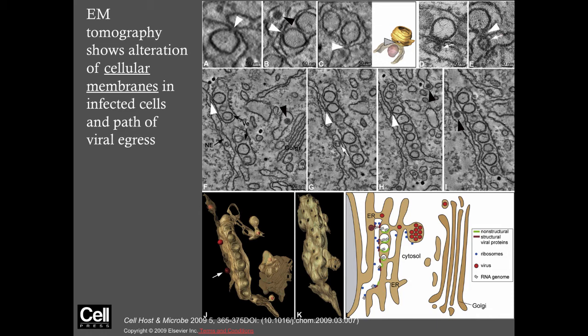Using electron microscopy technology and then computer modeling to take all these slides of consecutive pieces through the cell, that lab has done this 3D modeling to get down to this idea that the ER expands and looks like this.